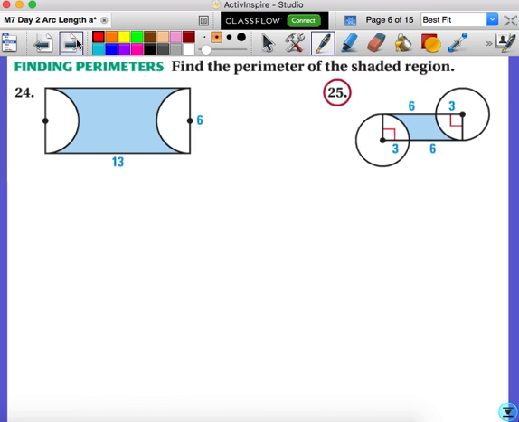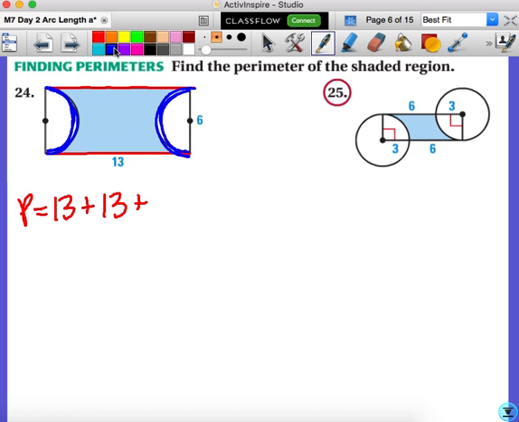So now we're going to use arc length in the context of finding the perimeter of a shape. So if I notice, I've got a straightaway here that's 13. I've got a straightaway here that's 13. So as far as perimeter goes, I already know those 2 edges. But then I also have this half of a circle here and this half of a circle here, or 2 semicircles. Now, since they both have the same diameter of 6, I can conclude that they're the same size.